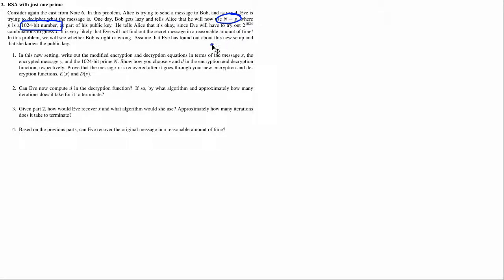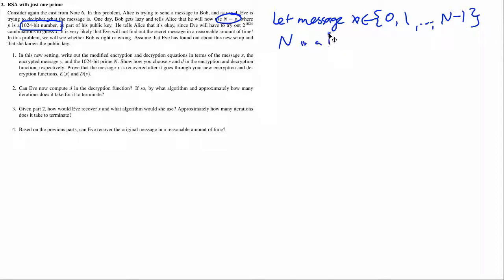And let's get started. So recall from the original RSA that you have a message x that is within the range of the number n that you choose. And n is a product of two large primes, p and q.